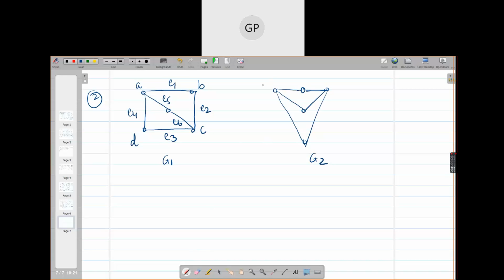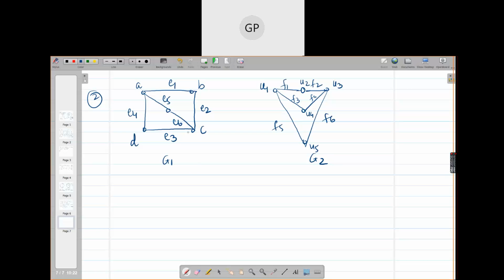Okay, so this is U1, U2, U3, U4, U5, F1, F2, F3, F4, F5, F6.